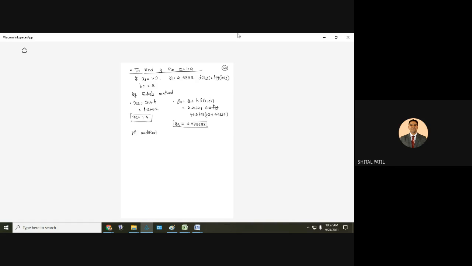Now you might have understood the first modification for y2. Previously we obtained the modifications for y1; now we are doing it for y2. So f of x1, y1 is required first.